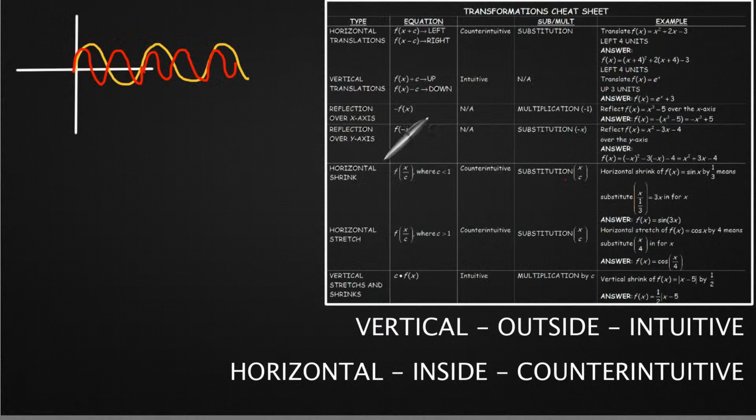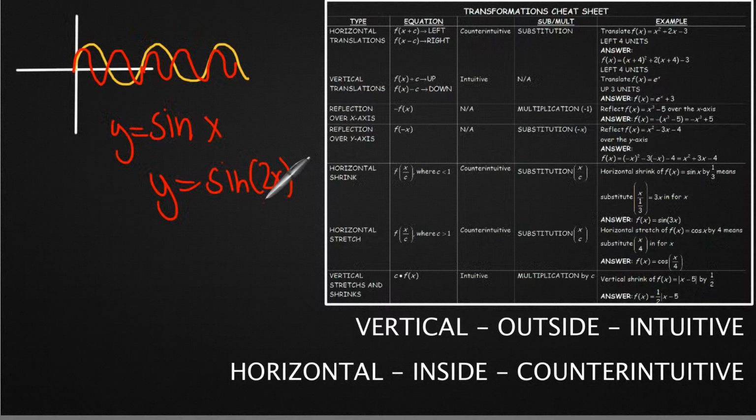So let's say this is y equals sine of x. Then if I want to shrink this to half of its size, what you do is you replace the x with 2x. Now I know what you're thinking. You're thinking, wait a second, I'm multiplying by 2x. Shouldn't that make it bigger?